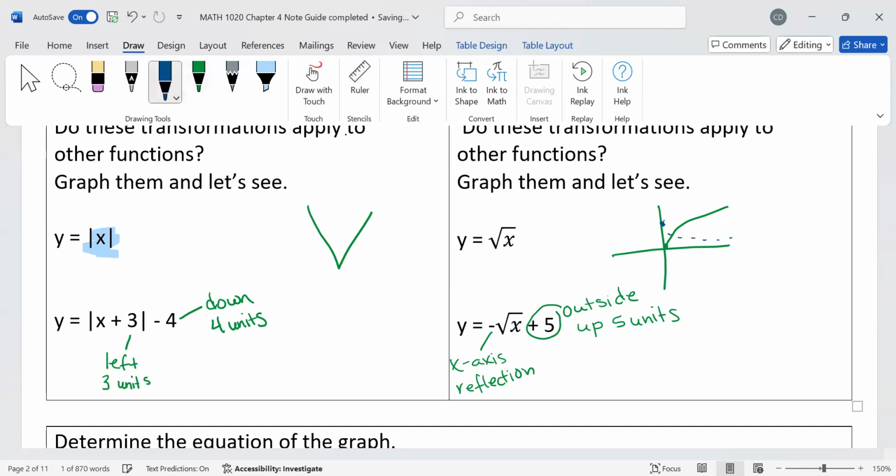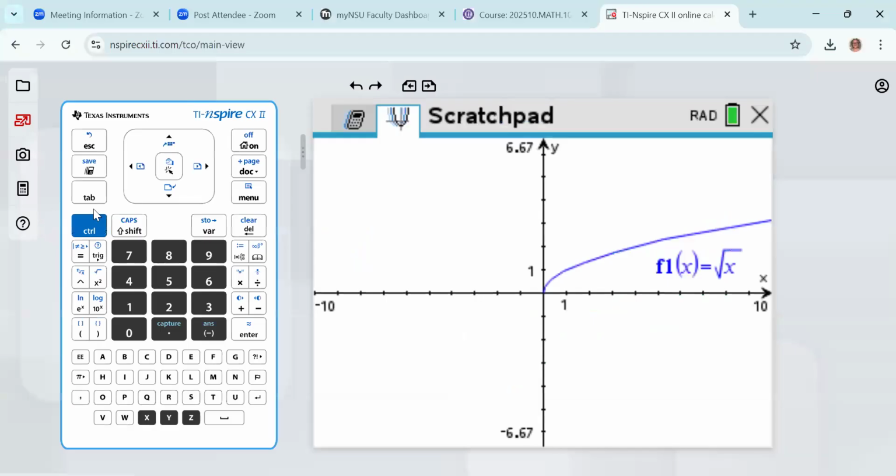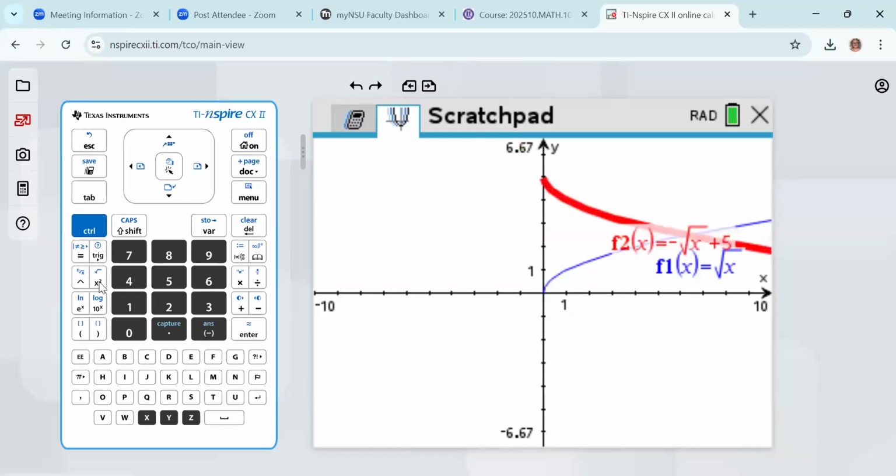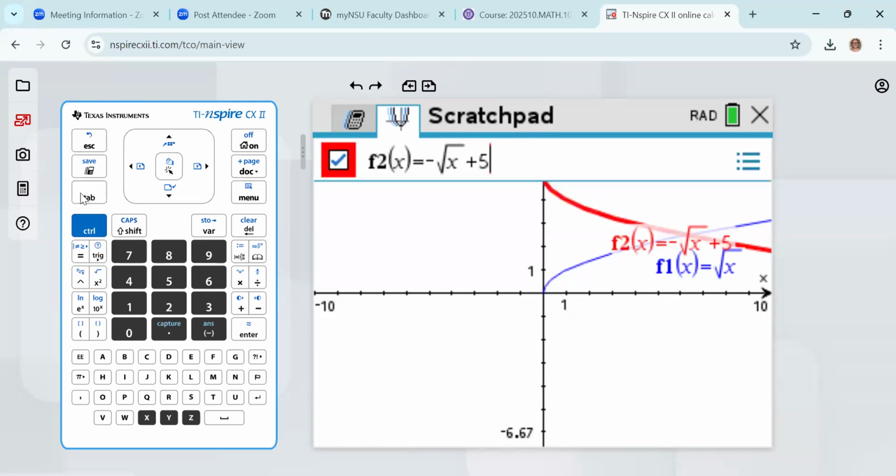Okay, but if you're unsure, let's see what's going on in our calculator. So we want to put the negative first, and then the square root of x, arrow to the right to get out from underneath, and that's what you get. So let's go back up to that one. I want to show you something.